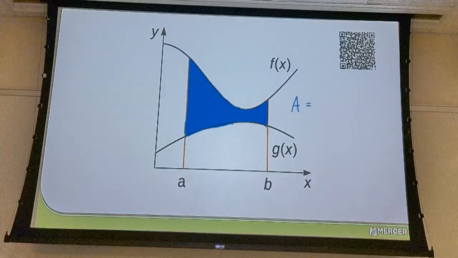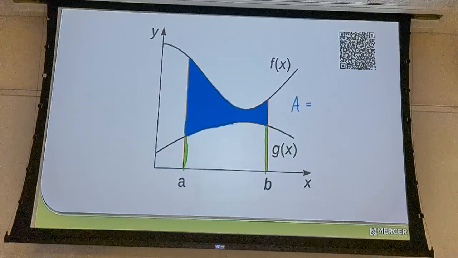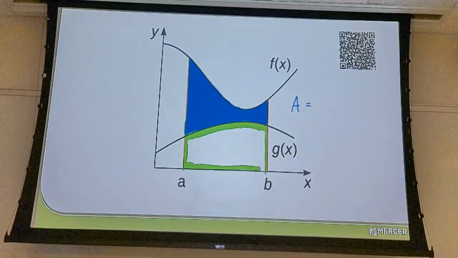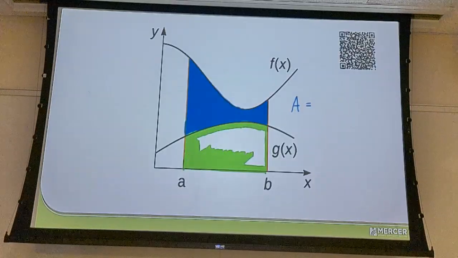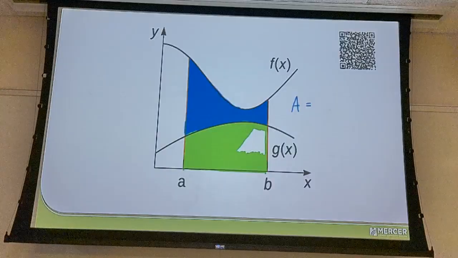But right now, we don't have any way to do that. But if we examine this, we do know that area, don't we?